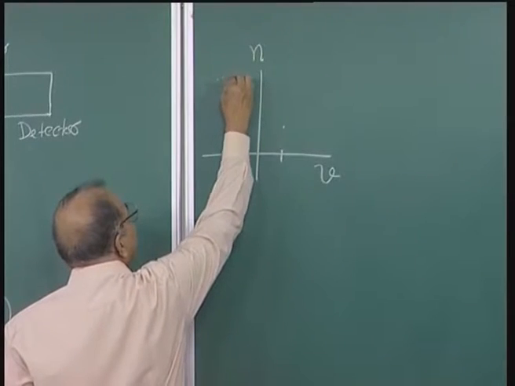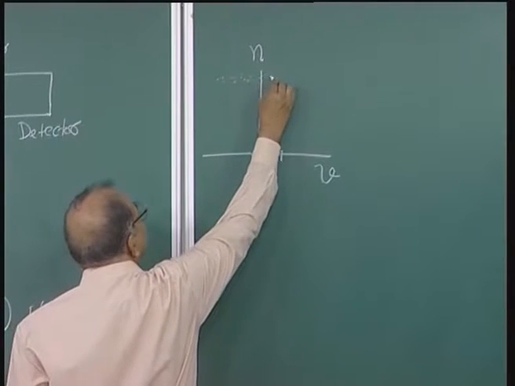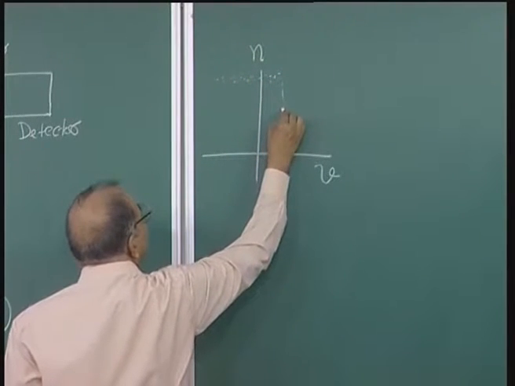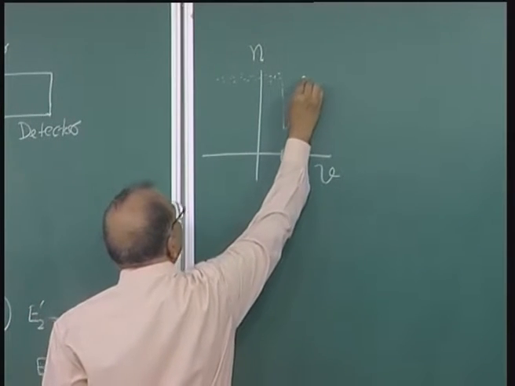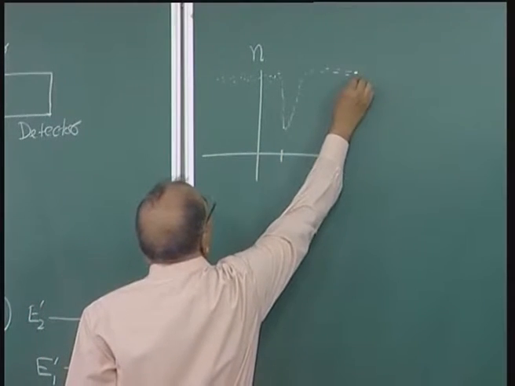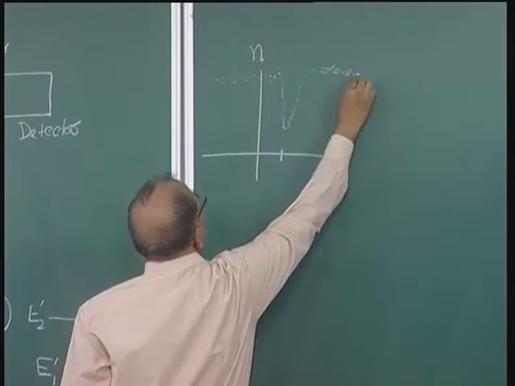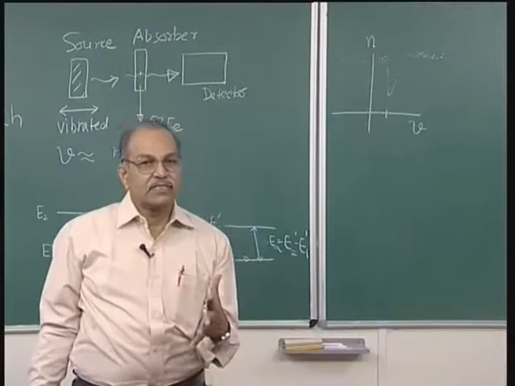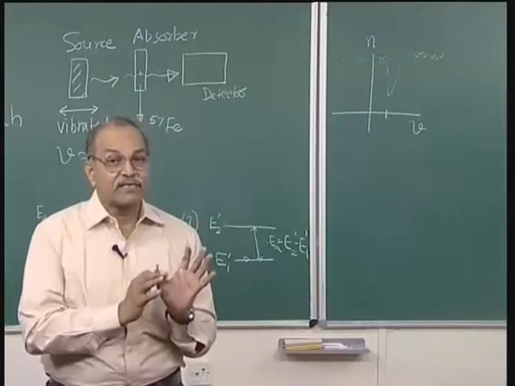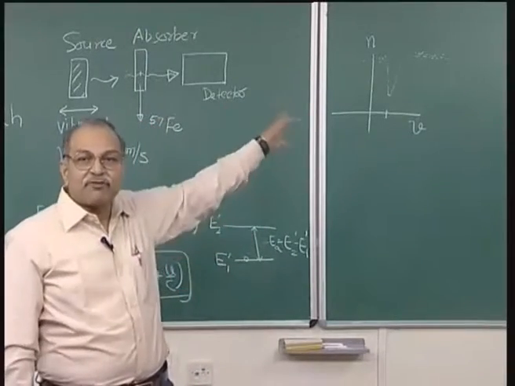So, I am having counts like this, these many counts here, here, and all of a sudden I will find that my counts are going down and again it increases. So, the number of gamma rays at that particular velocity, this is what we are plotting here, which is coming from that detector.